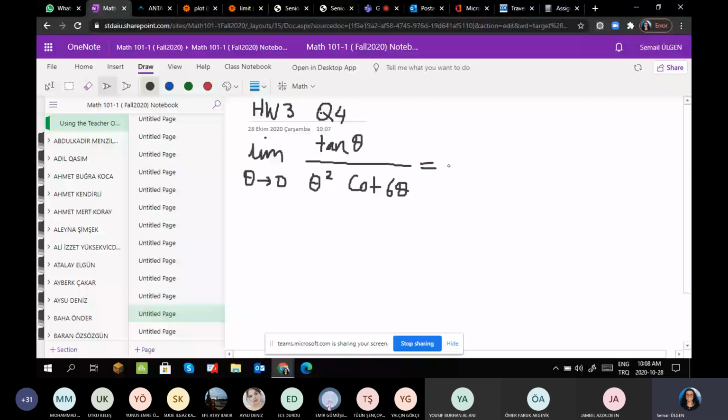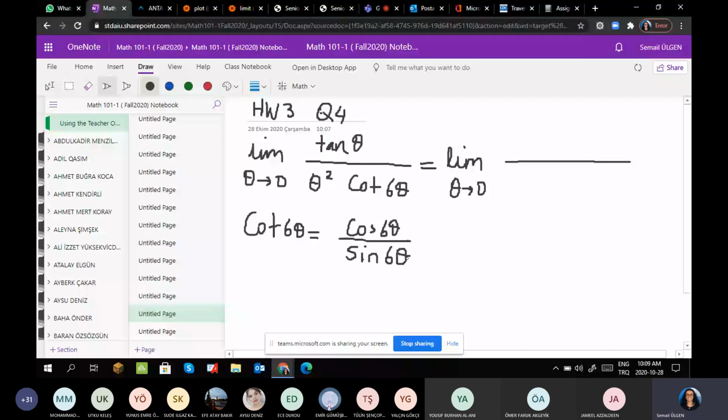I am going to write everything in terms of sine and cosine. Before I do, this cotangent 6 theta, what is this actually? Let's work this here, 6 theta. This is cosine 6 theta over sine 6 theta.